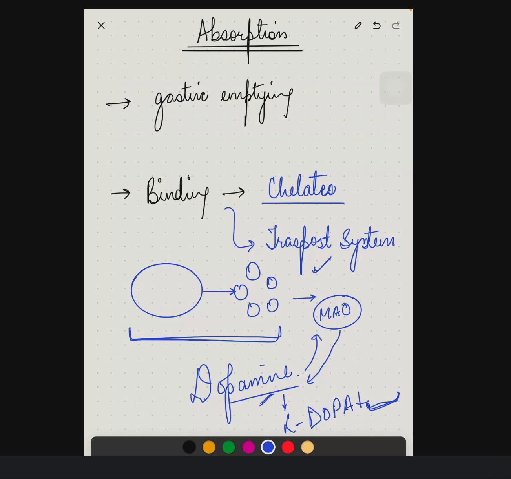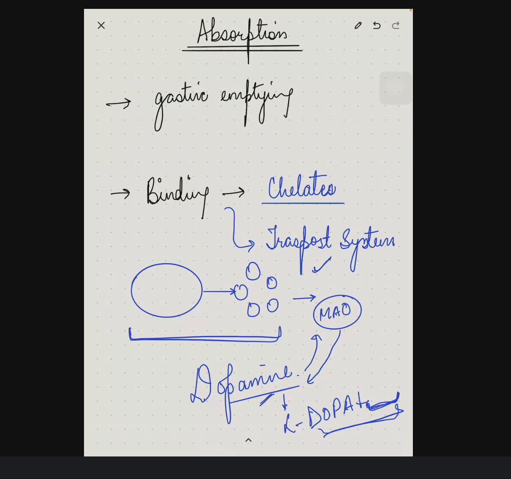Another chemical substance is given with L-DOPA, and this decreases the breakdown of L-DOPA by MAO enzyme or COMT enzyme. So this is an example of transport system.